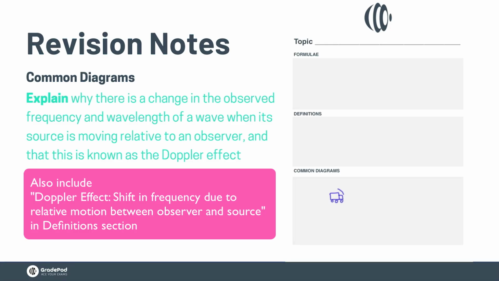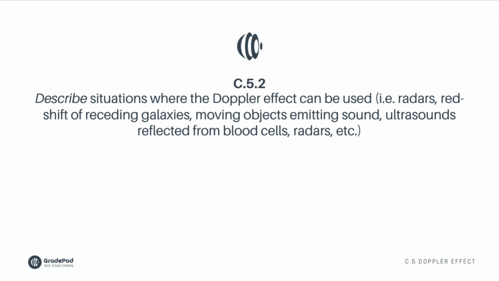And then try and draw these waves bunching up and going behind you. Make sure you know that the object's moving that direction. I would say wavelength decreases, frequency increases. Wavelength increases, frequency decreases.